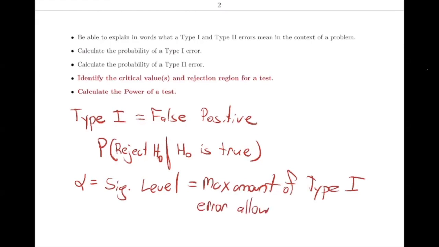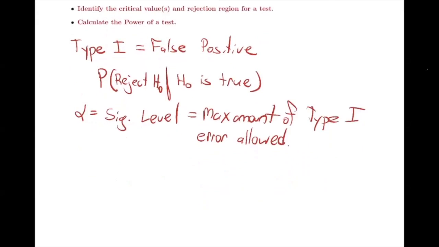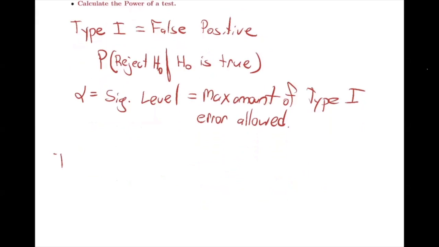So when we do hypothesis testing and we decide the significance level, what we're picking is the maximum amount of type 1 error that we're willing to accept. And for type 2, that's the reverse of this.